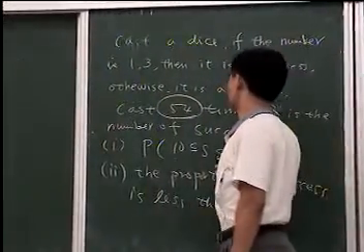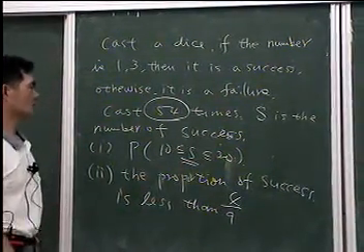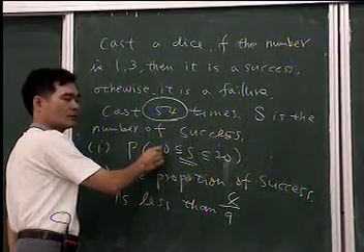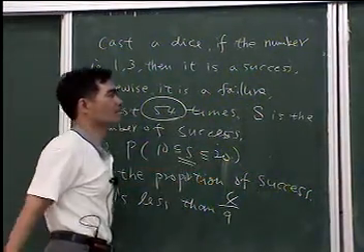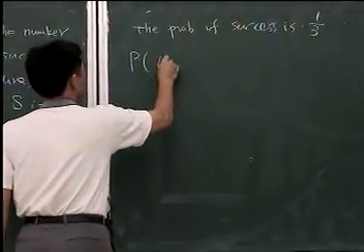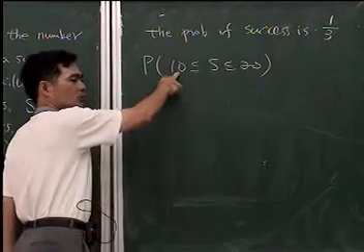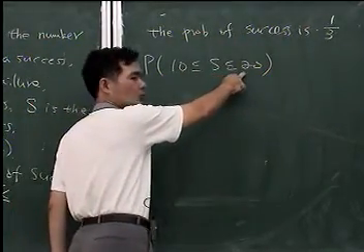And now we are talking about this. The number of successes will be 10 to 20. So then the probability of S greater than or equal to 10, less than or equal to 20.